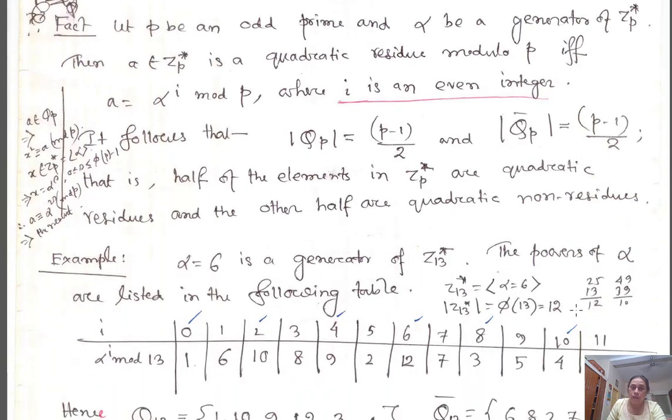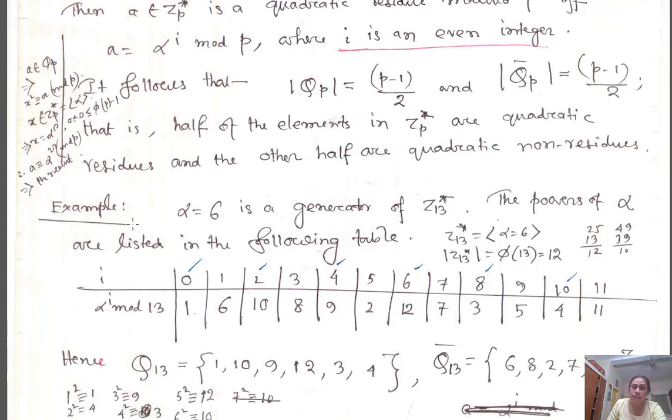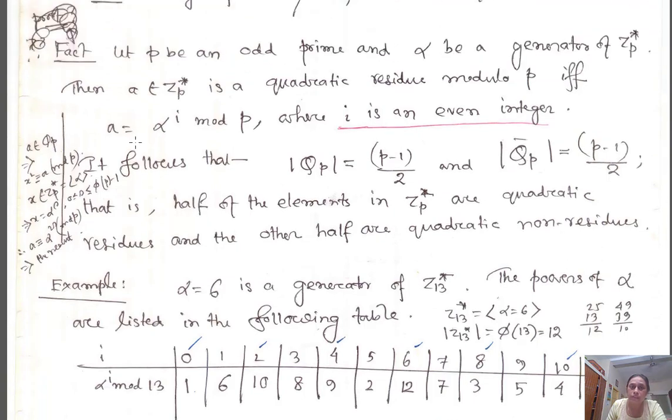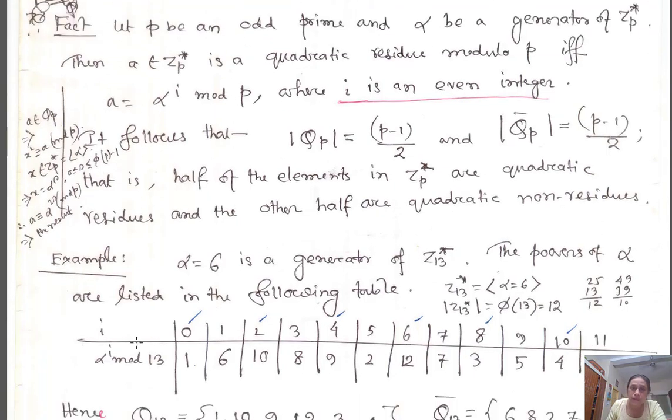Suppose for Z13 star, alpha equal to 6 is a generator, you can check that. If you list the powers of alpha, alpha to the power i, with i from 0 up to phi n minus 1.